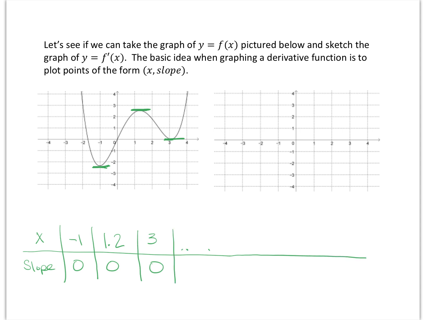And then I can plot the points as I figure them out in the table, I'm going to plot them in the other picture. So this is going to be x, and my y-axis is representing slopes. Okay, the slope at the x value. So at -1 and 1.2 and 3, my x values, those x values give me a slope of 0. Those are where I have horizontal tangent lines on f.